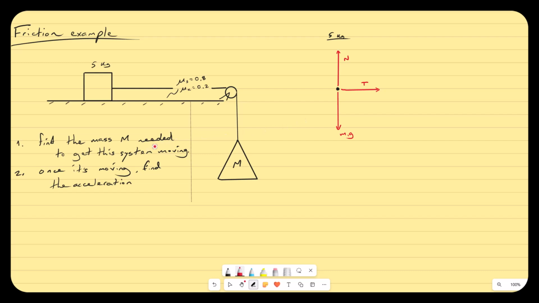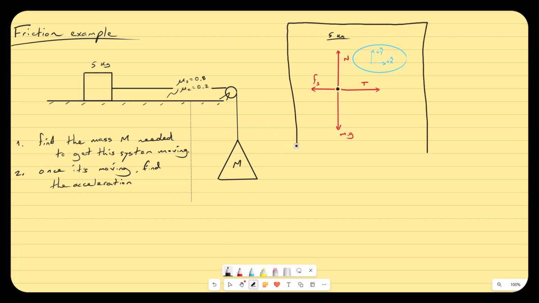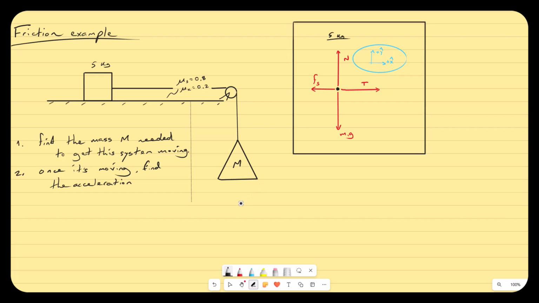And that's what I had before when I did this problem, but now, to the left, I also have a force. As this thing wants to start moving to the right, it's going to feel a friction force to the left, and that is a static friction force. This whole system moves horizontally. I'm going to call to the right my positive x-axis, which means I'm going to call upward my positive y-axis, circle that guy, put a box around the whole thing. And that looks like a pretty promising free body diagram.